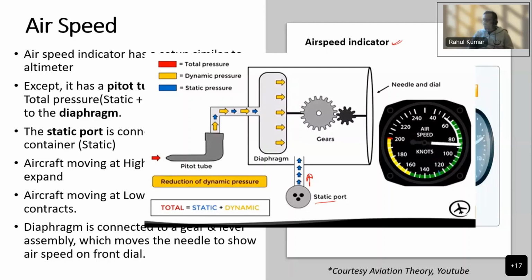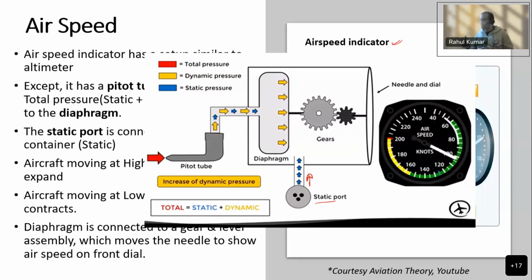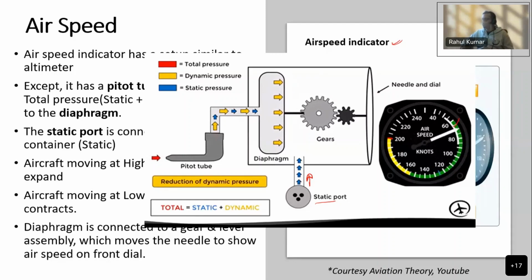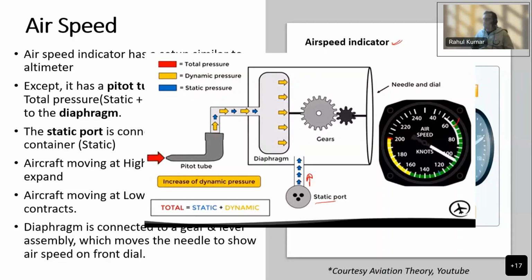Dynamic pressure depends on the speed of the aircraft. So if it increases, the diaphragm will expand, and if it decreases, the diaphragm will contract, and accordingly it will move the needle on the dial panel to show you the speed in knots.